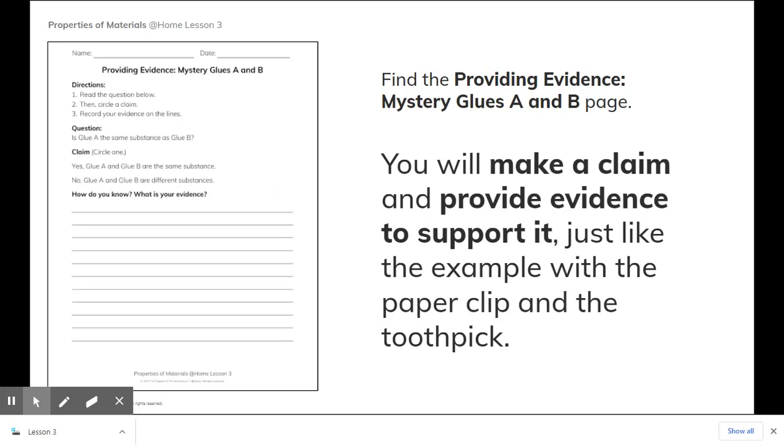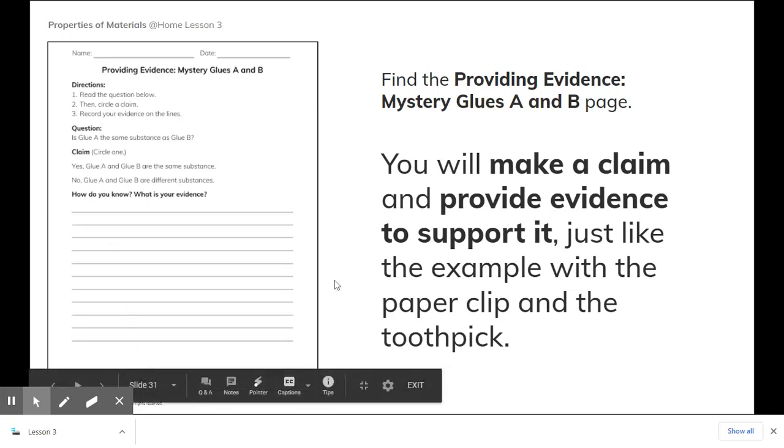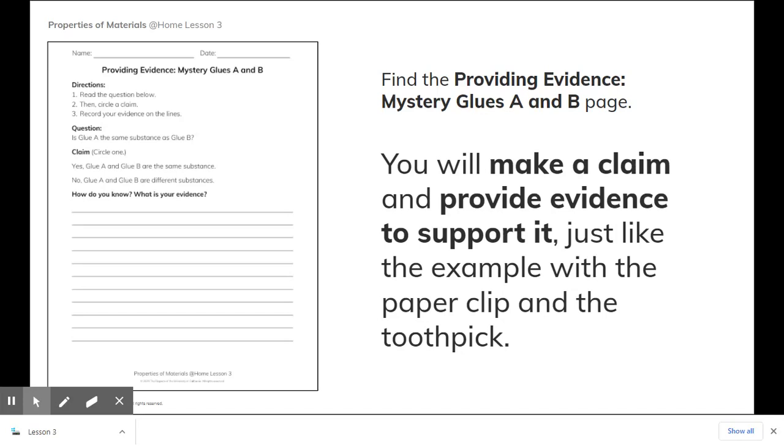Once you've circled your claim, you are going to list your reasons. What evidence do you have? Thinking back on the clips that we've watched, what is your evidence to support either saying that they are the same or that they are different?